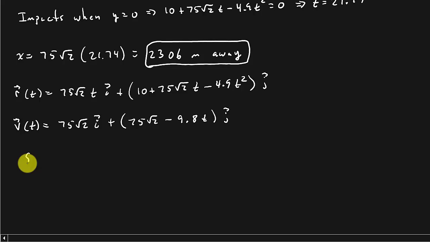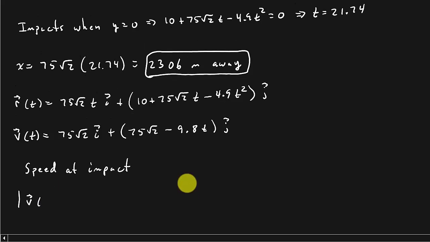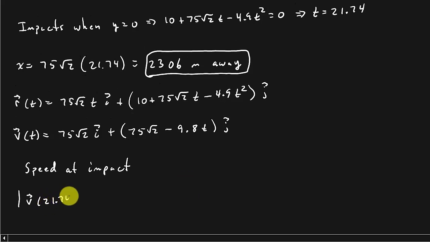We want the speed at impact, so the speed when it hits the ground. That's just the magnitude of the velocity. Let's rewrite that: the magnitude of the velocity when it hits the ground. I did write v of t, but that should be v of 21.74, because that's the time it hits the ground.